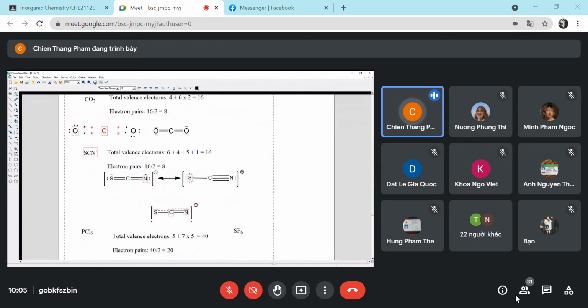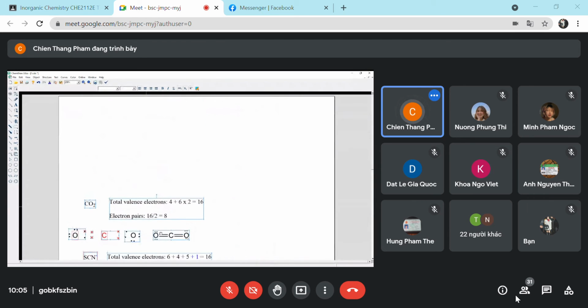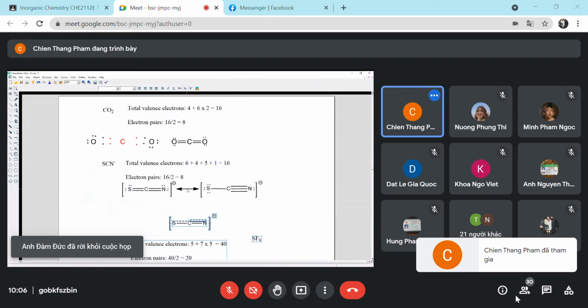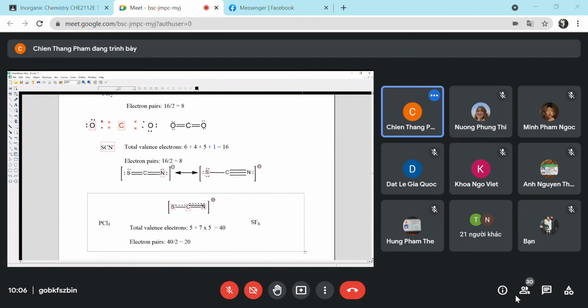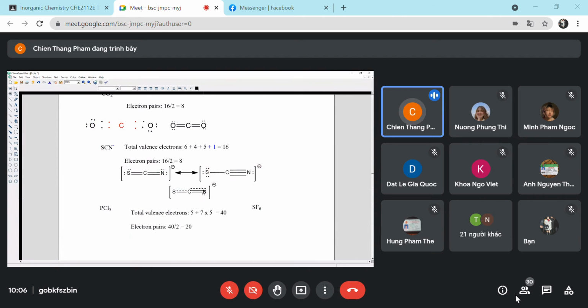Now we can consider these kinds of examples. First one, we can determine the shape of CH4.